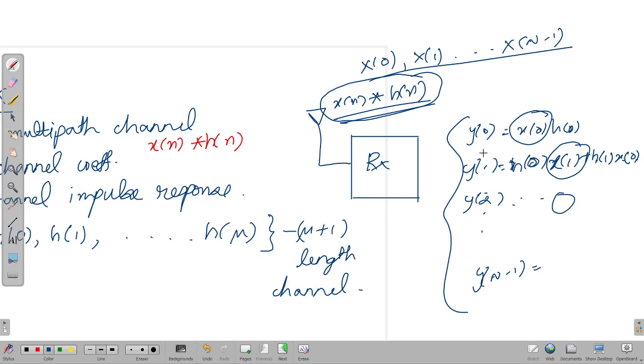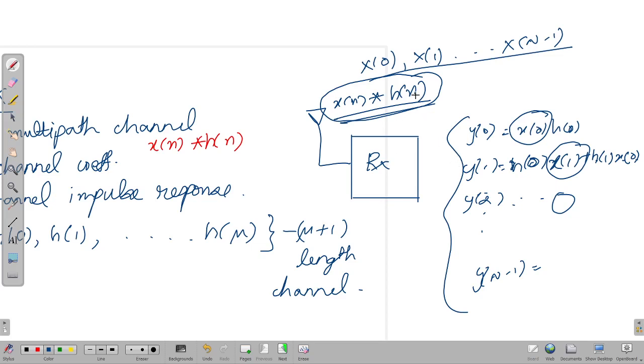But when these symbols are undergoing a convolution operation at the receiver, there is no way I can. There is actually a challenge for me. I need to separately detect these signals, x of 0, x of 1 up to x of n minus 1.